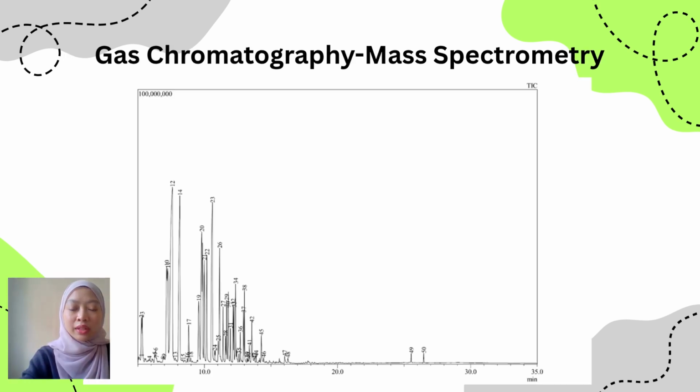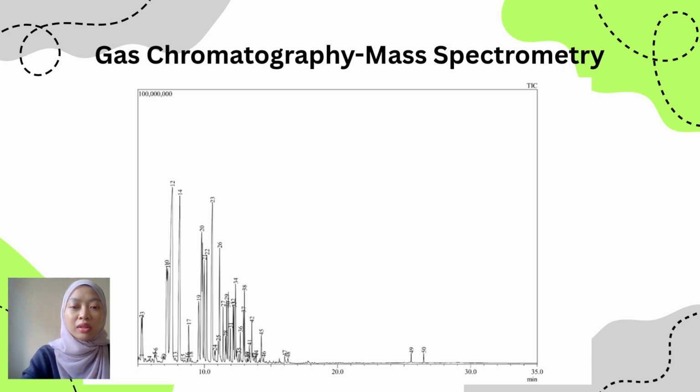This slide shows the result of our GCMS analysis on the RON 95 fuel sample. GCMS is a powerful analytical technique used to separate, detect, and identify volatile organic compounds in complex mixtures. The image displayed is the total ion chromatogram, or TIC, which plots the intensity of ion signals against retention time.